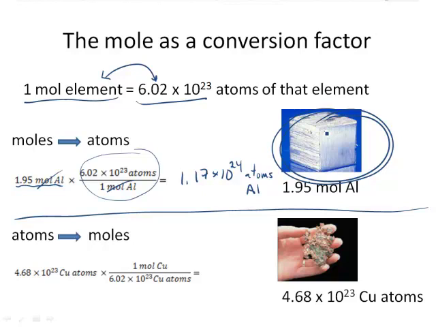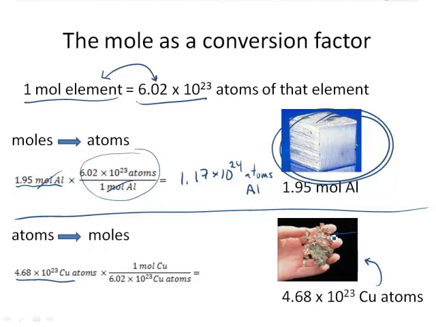Likewise, you can take a sample for which you know the number of atoms. This is far less likely to be the case, but you could do it, and you can convert that to the number of moles, or the amount that's present in moles. And so we'll do this for copper. We have 4.68 times 10 to the 23rd copper atoms in this sample the person's holding.